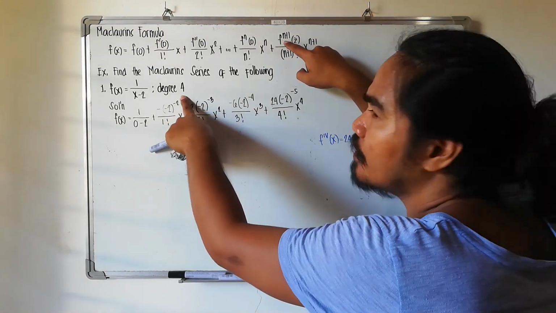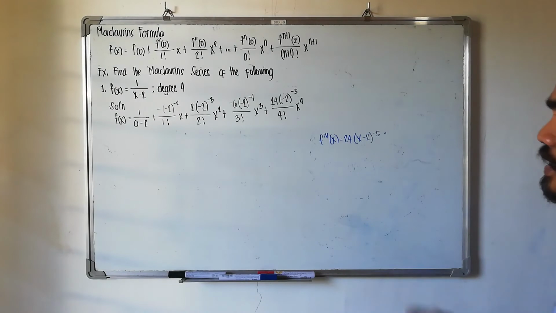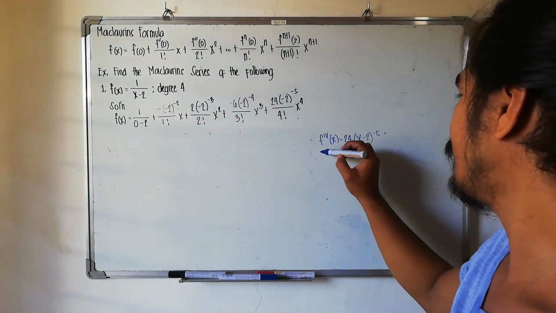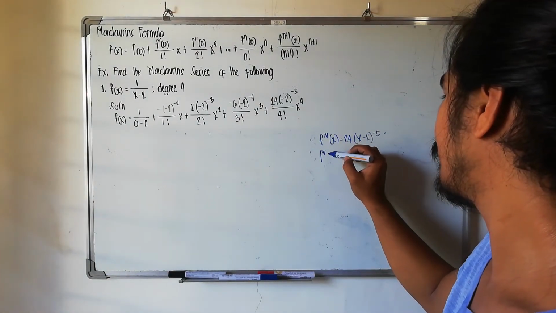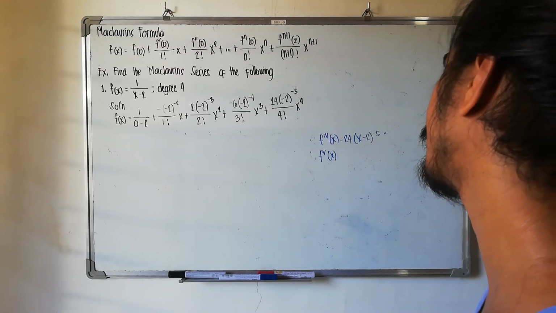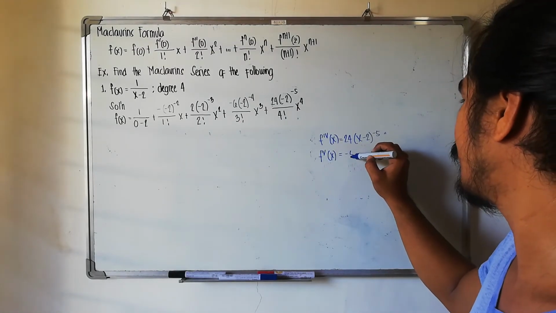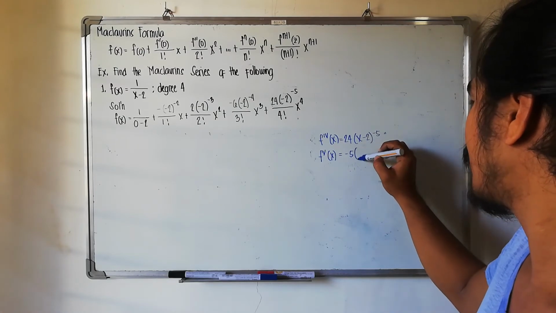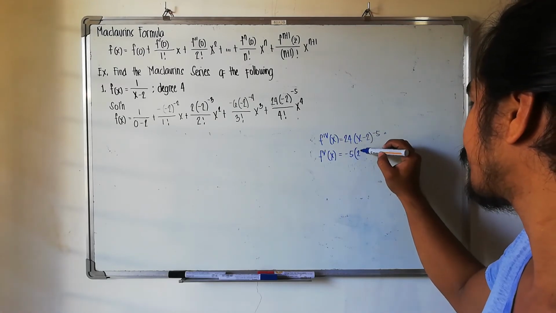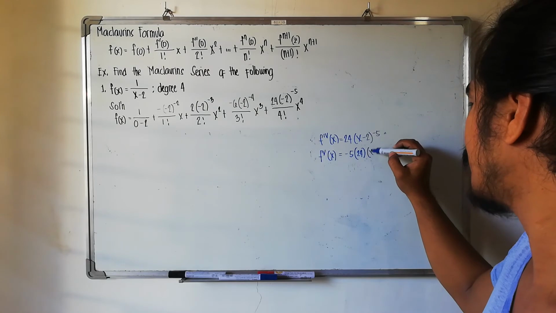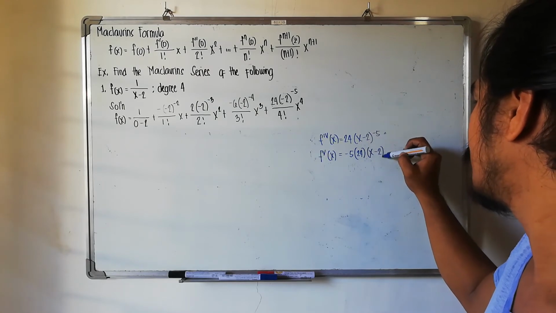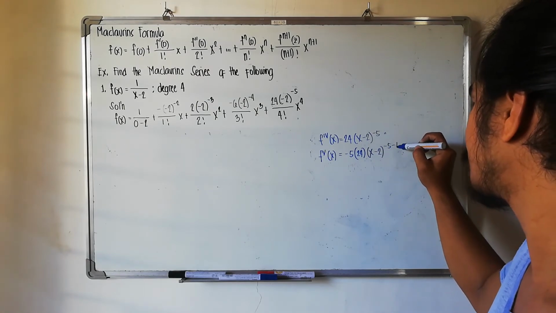So we need to find the fifth derivative of your function. So the fifth derivative of your function is equal to negative 5 times 24 times x minus 2 raised to negative 5 minus 1.